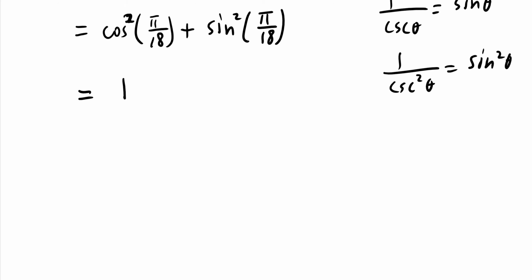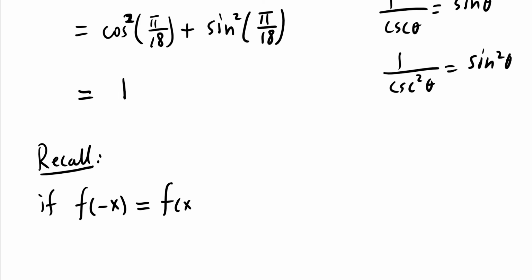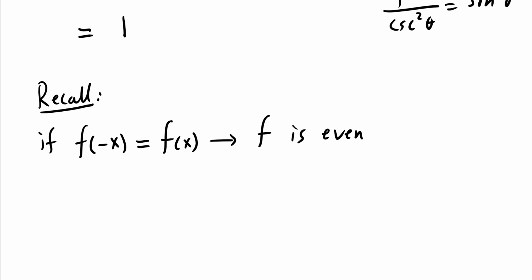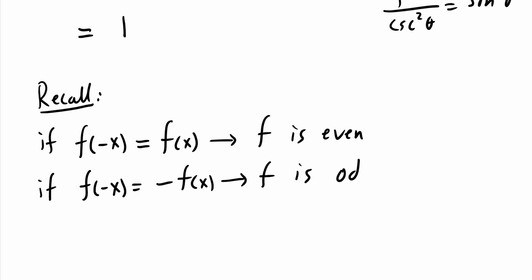Now we need to introduce more properties, but before we do this, let's recall from before. If a function f of negative x equals f of x, this tells us that f is an even function and symmetric about the y-axis. If f of negative x equals negative f of x, then f is an odd function and symmetric about the origin.